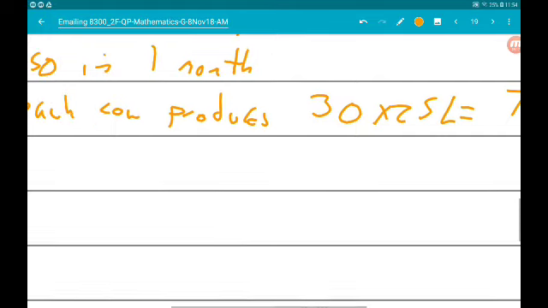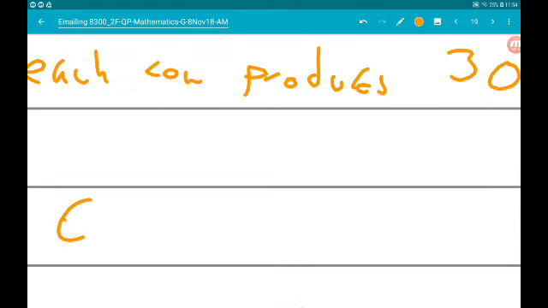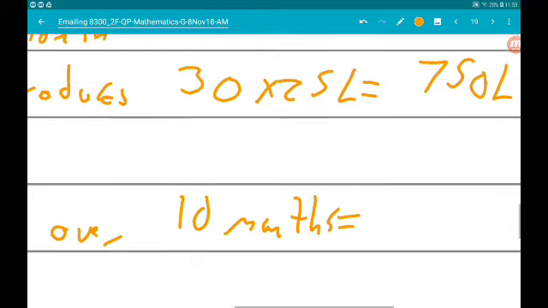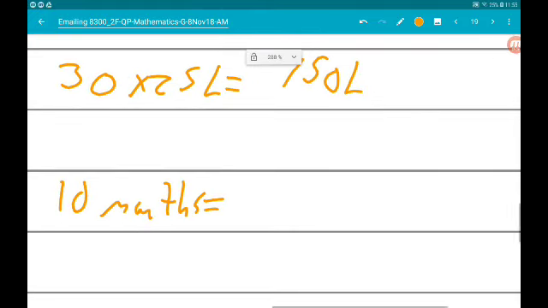So each cow produces milk for 10 months. So each cow over 10 months is 10 times that, so 7,500 litres.